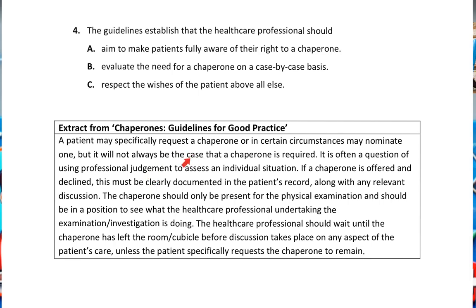It shouldn't confuse you: only if the patient requires a chaperone can you respect the wish of the patient that the chaperone should be inside the room. But if the patient does not require one, by using your professional judgment, then this answer is ruled out. Therefore, B is the most suitable answer for you to select.